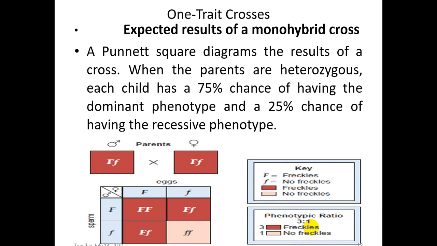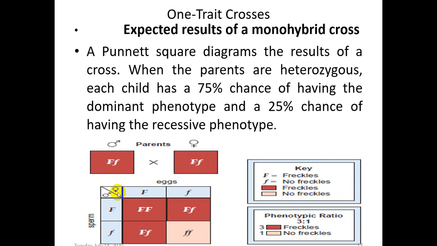Right, let us see how this works with the Punnett square. Punnett was a British scientist more than 100 years ago. Okay, so if the man has capital F, small f, he is heterozygous dominant, and the lady is the same.